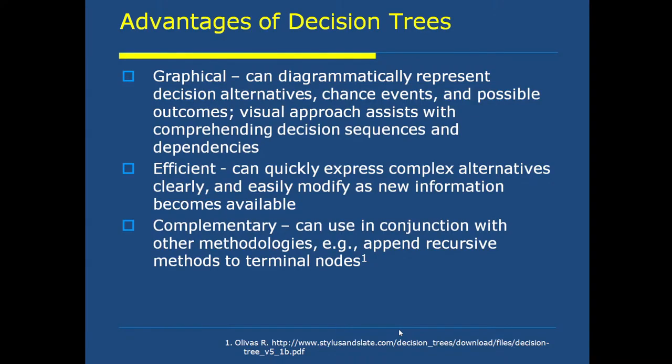Decision trees are efficient; they can quickly express common alternatives clearly and be easily modified as new information becomes available. They are also complementary, and can be used in conjunction with other methodologies, for example, recursive methods applied to terminal nodes.